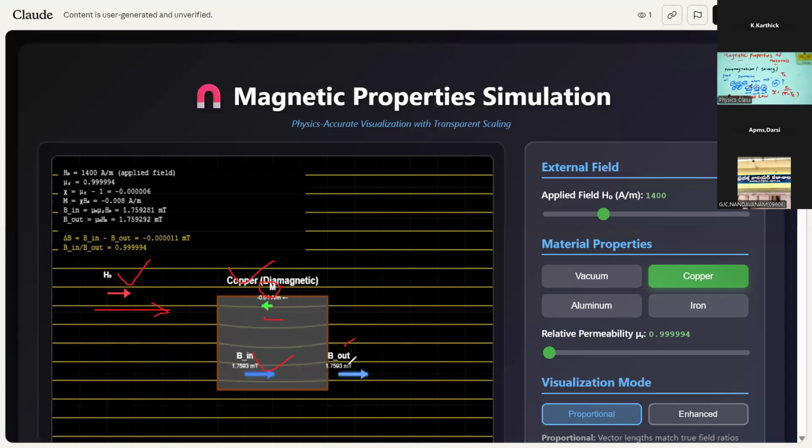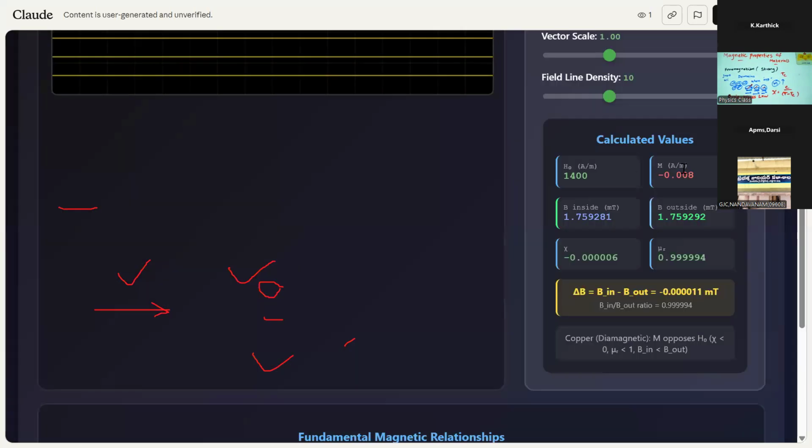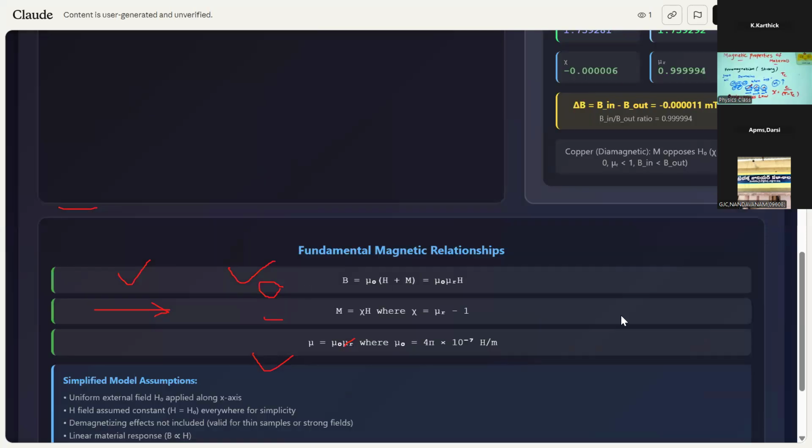The material's response M is defined by the magnetic susceptibility: M is equal to chi times H. Here you can see the values, and here you can see the formulas: B, M, mu, and chi is equal to mu r minus 1.